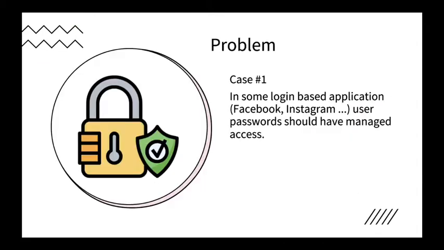So let's pass to the problem statement. Let's suppose that we are maintaining a login web app like Facebook or Instagram, and we are required to make the username displayed on their dashboard. Let's suppose that by mistake, instead of referencing the username variable, we actually referenced the password variable.